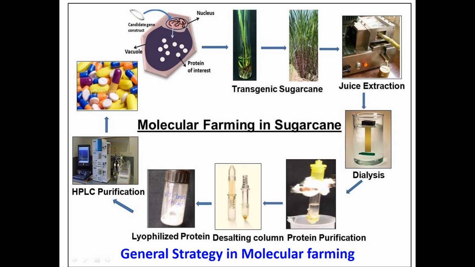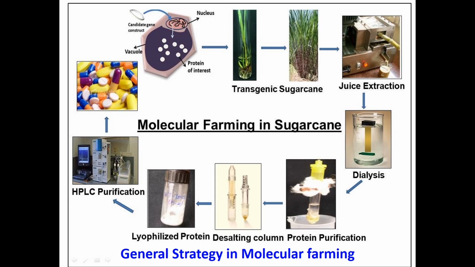You can see here we can target the candidate gene to the vacuole through a genetic engineering approach. Then we have to follow two technologies, that is biotechnology and agriculture. In biotechnology, we make a gene construct and then mobilize that construct into Agrobacterium or E. coli. First we transform into E. coli, and then from E. coli we mobilize to Agrobacterium tumefaciens.